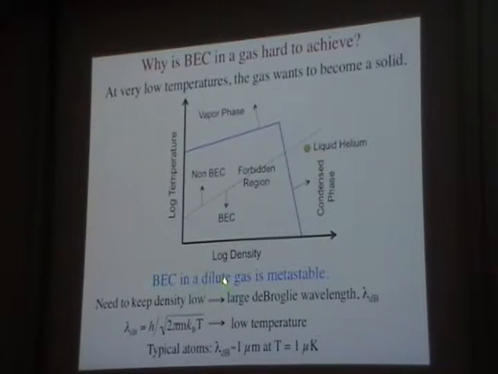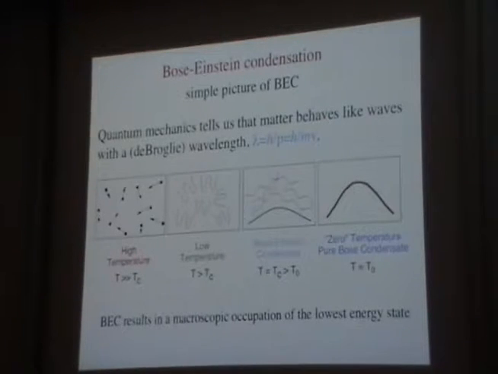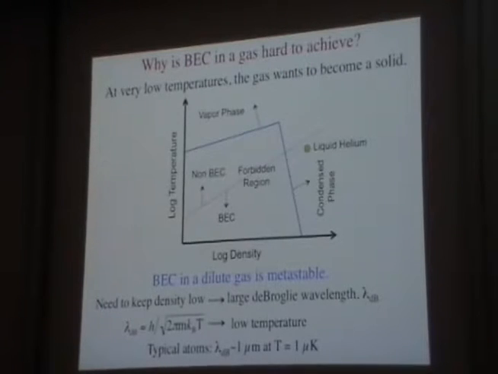And so if you want BEC in a dilute gas, that means you have to keep the density low enough so the particles don't condense into a solid. And as a result, according to this picture, for Bose-Einstein condensation, you want the de Broglie wavelength to be larger than the average spacing between the atoms. So at low densities, that means you want a very large de Broglie wavelength.